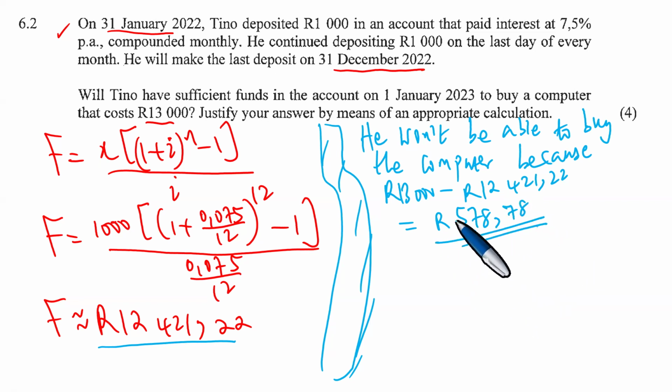So he's going to be 578 rand and 78 cents short. You will need 578 rand and 78 cents to be in a position to have the 13,000. So his money is going to be short because the computer costs 13,000, but he has only 12,421 rand and 22 cents. So we can see that Tino is not going to have enough money to buy the computer.